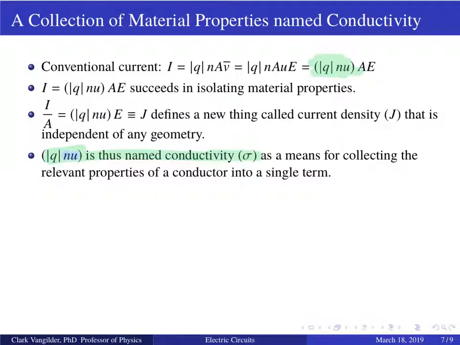And the charge, that'll be however much charge is free to do that. So conductivity, these three things, every metal will have its own conductivity. So it's more efficient to collect the things that deal with the fundamental properties of the material that make it a better or worse conductor than some other material.